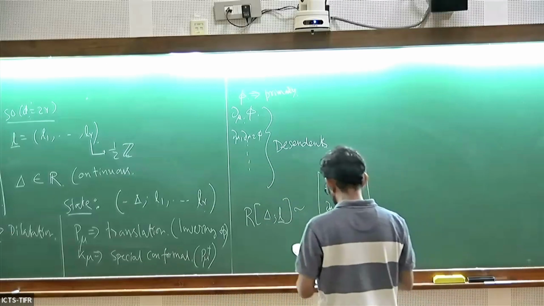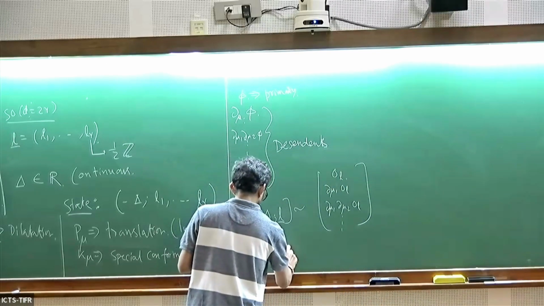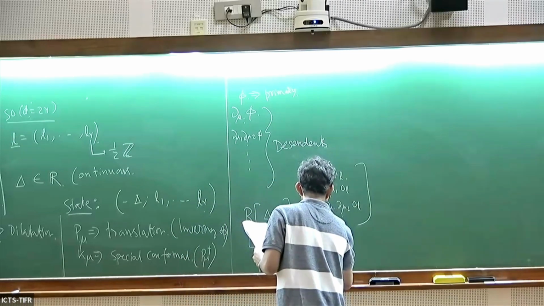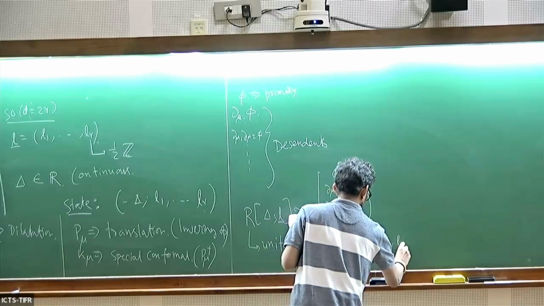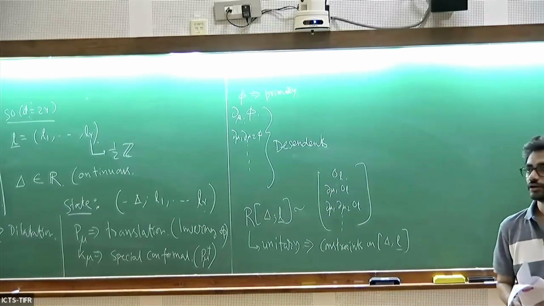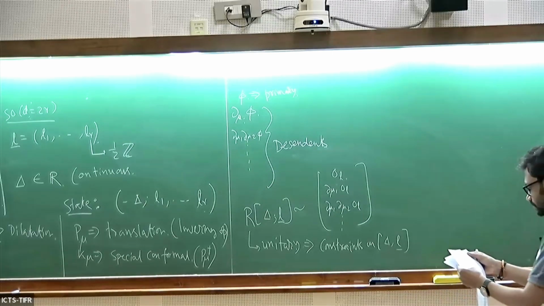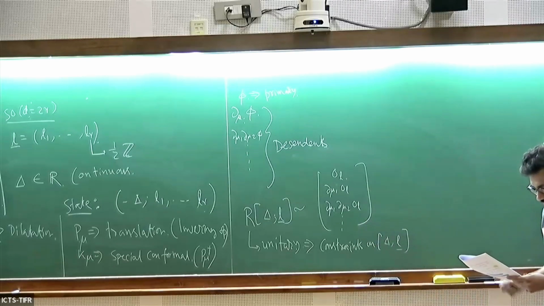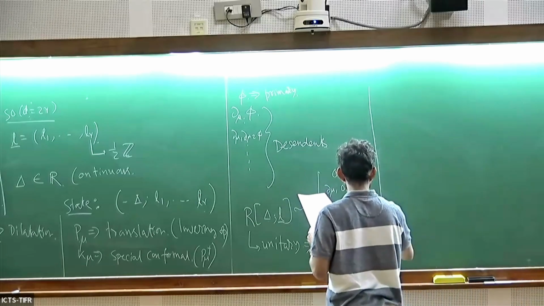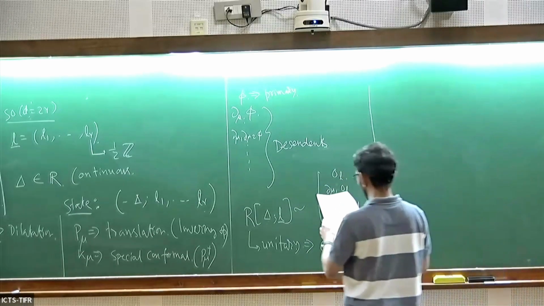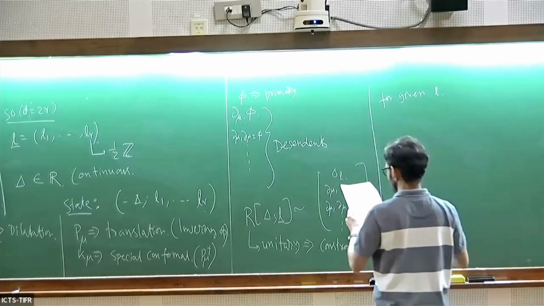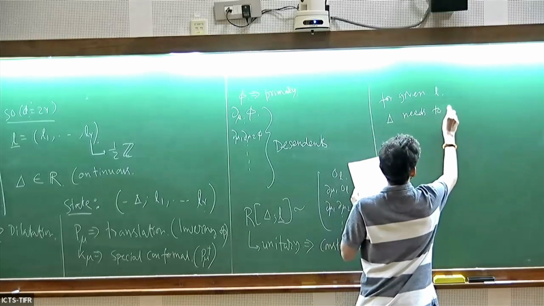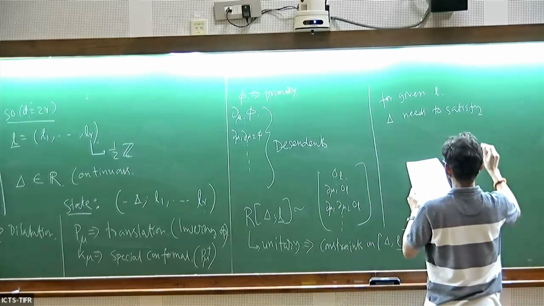So that means if the representation is unitary, this will put constraints on delta and L. Once we demand that, there are some bounds: for given L, delta needs to satisfy a lower bound.